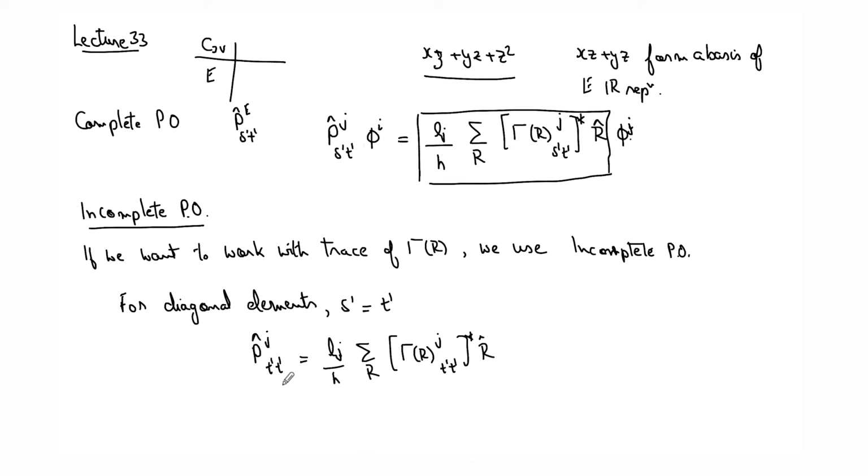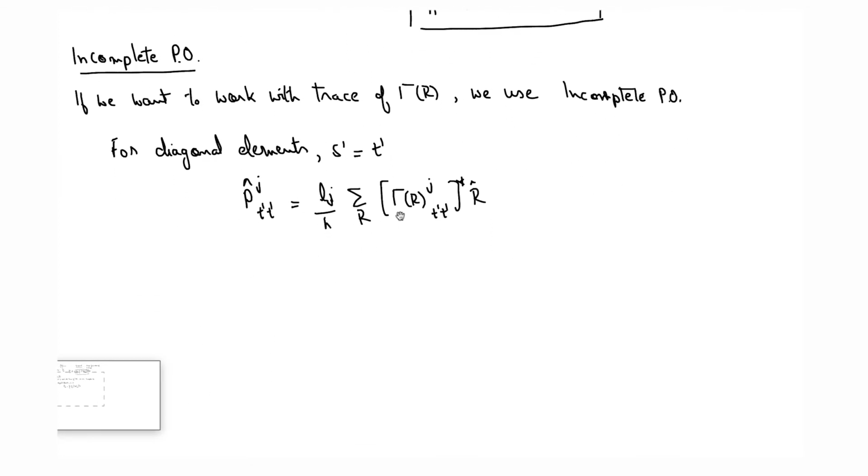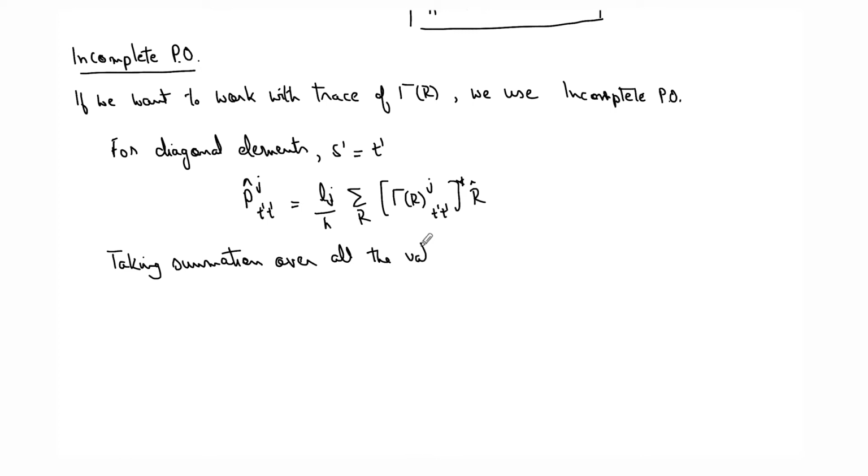This is the operator. Now to obtain the trace here, we need to carry out a summation over all T prime, which is nothing but the different values of these functions, because the functions vary over different values of T or S, right?